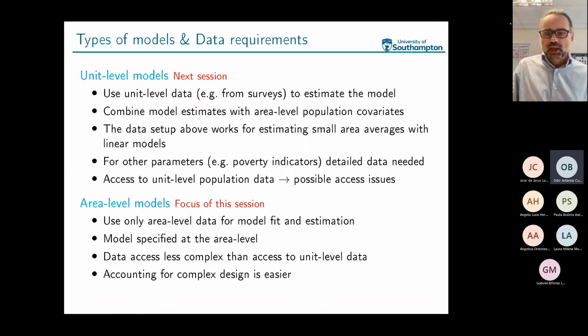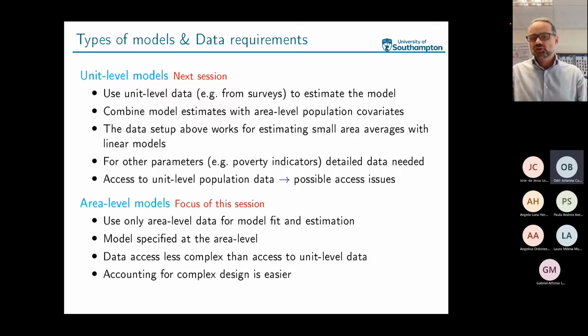If you are interested in estimating other, more general parameters, for example, things like a poverty gap or a headcount ratio or a Gini coefficient or a quintile share ratio, which are examples of things that are estimated as part of a poverty assessment exercise, then you require more detailed data.